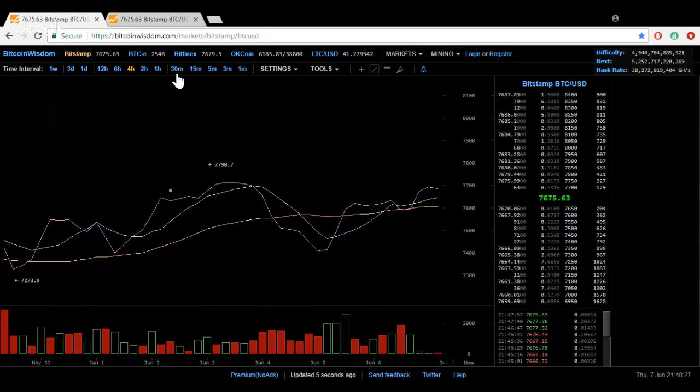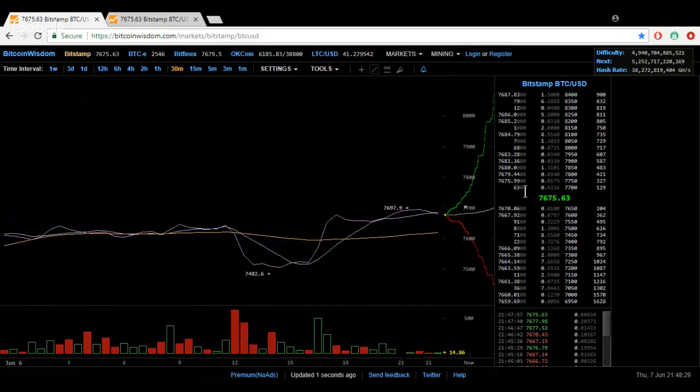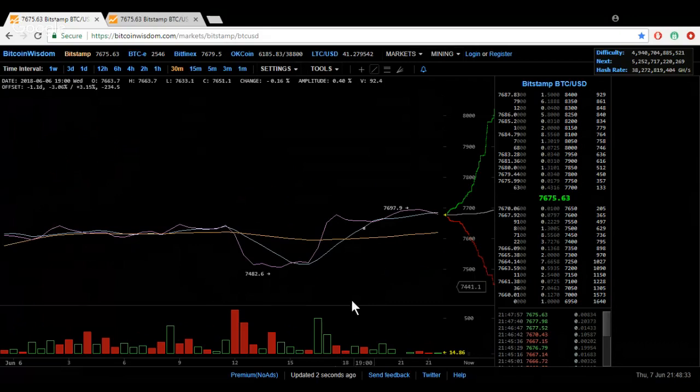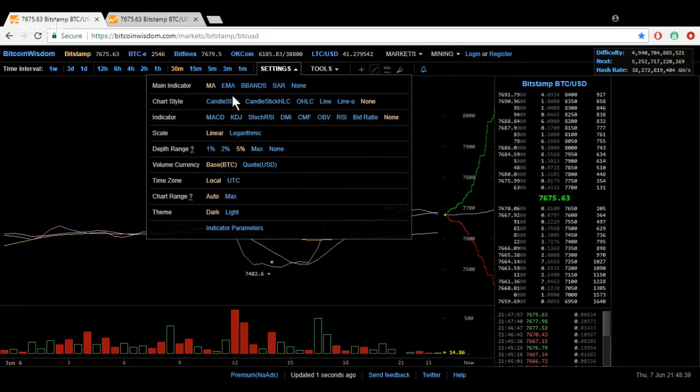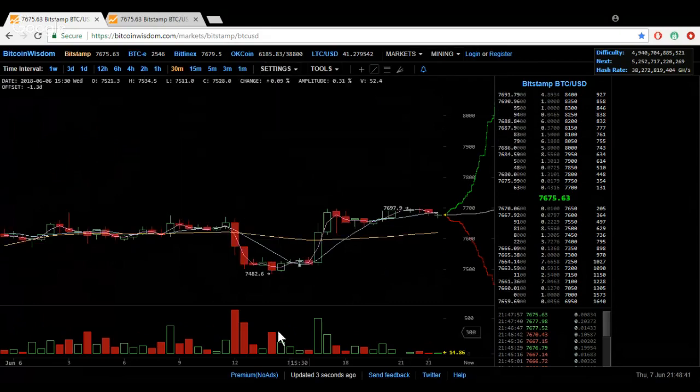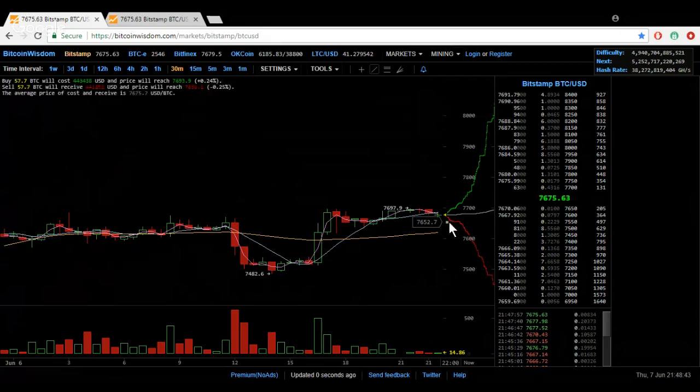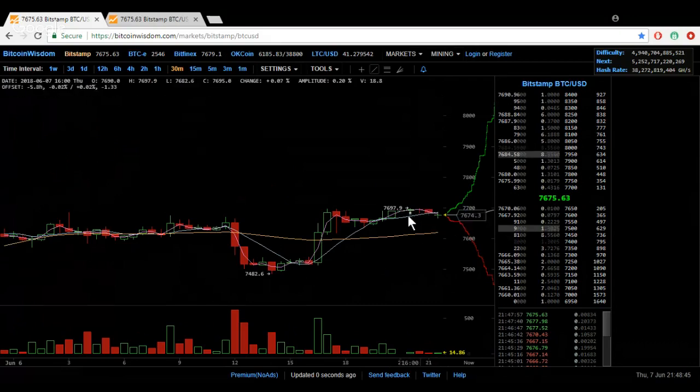Right now, we're trading at 76.75, and this is a 30-minute chart. And you can see that going back, we'll put the price back up throughout this entire period, which is 18 bars.